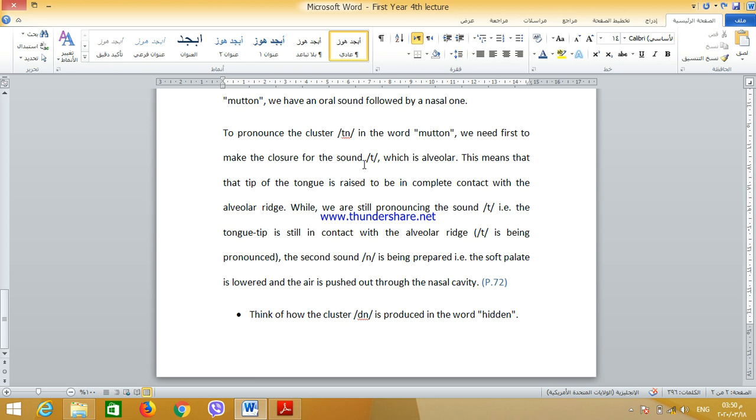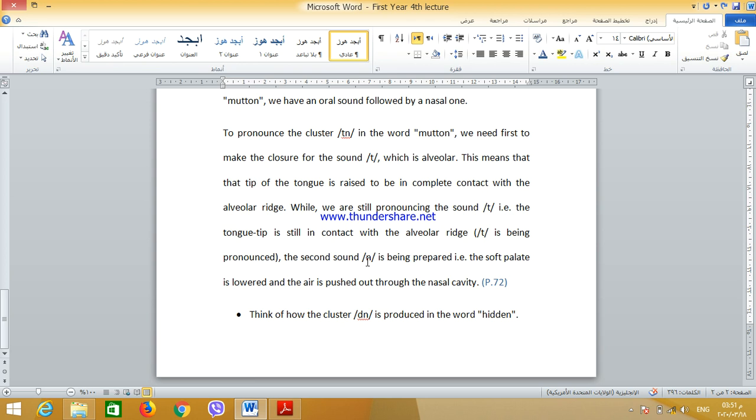First of all, as usual, we need first to make the closure for the sound ta, which is an alveolar sound. So how do we make the closure? We simply raise the tip of the tongue to be in complete contact with the alveolar ridge. While we are still pronouncing the sound ta, we mean the tongue tip is still in contact with the alveolar ridge, we prepare our organs of speech for the na sound.